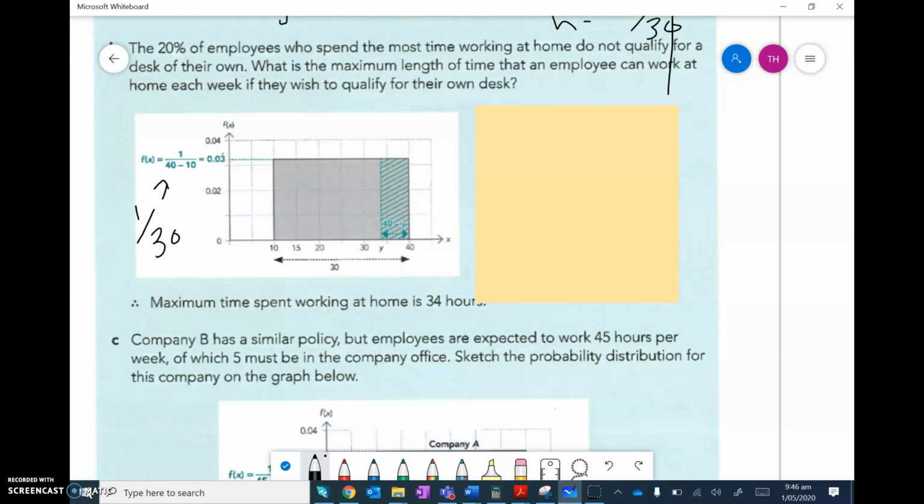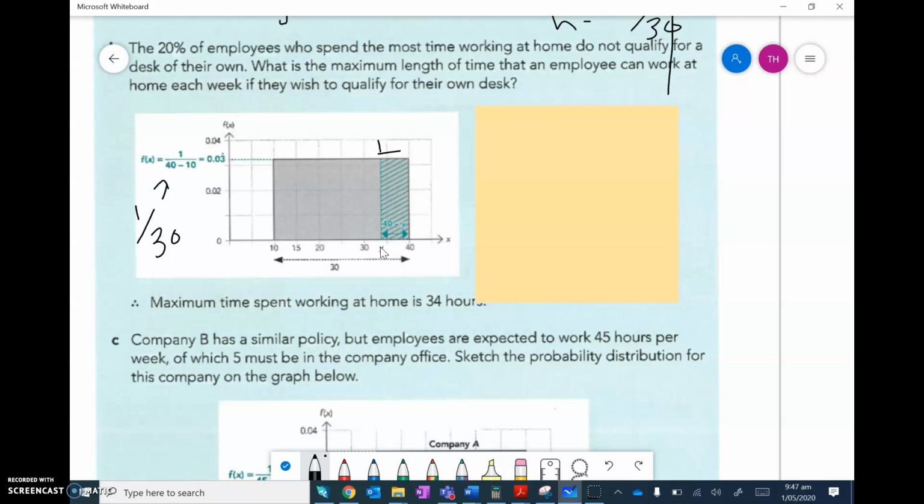So that's the top 20%, and they've shaded in this part to tell you that's 20%. They don't know the value that it starts at. So what is the maximum length of time that an employee can work at home each week if they wish to qualify for their own desk?